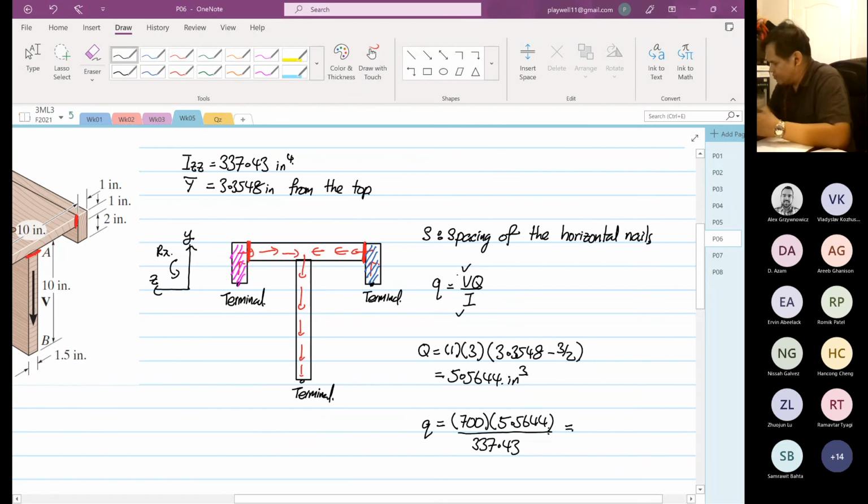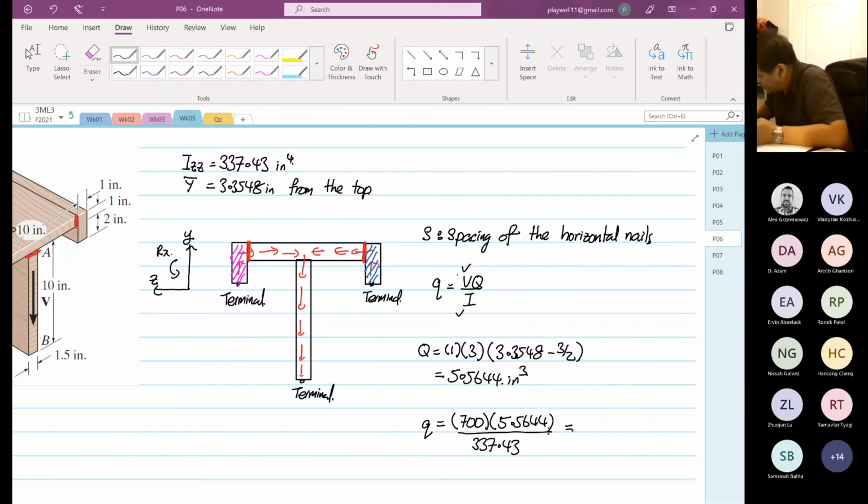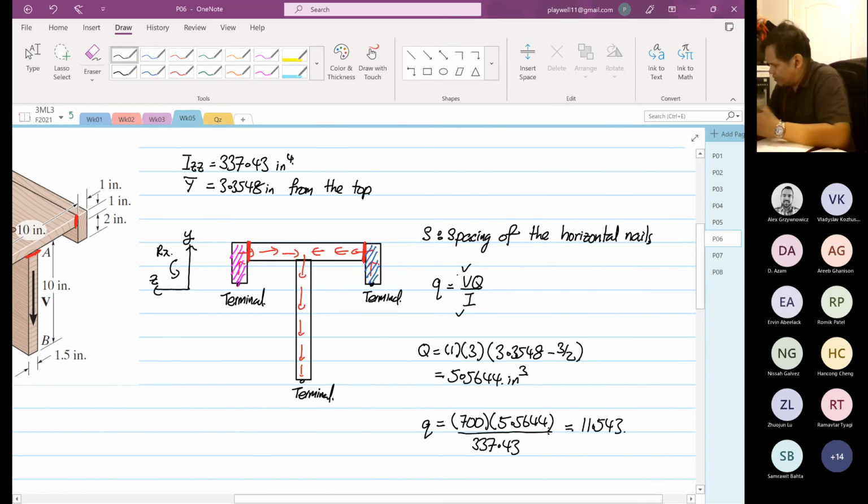So this is 700 times 5.5644 divided by 337.43. I'm going to do it again: 700 times 5.5644 divided by 337.43 is equal to 11.543.